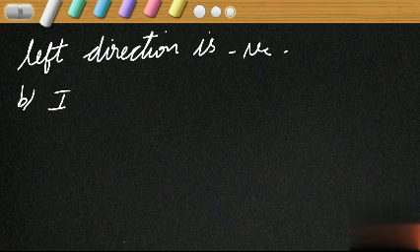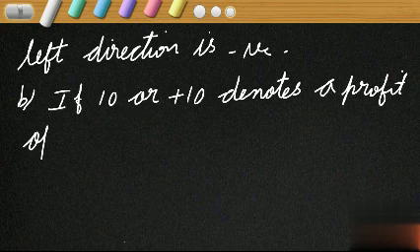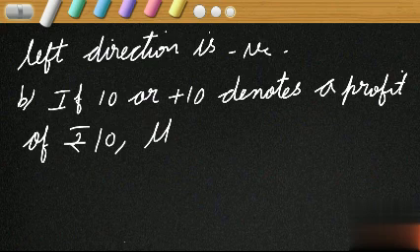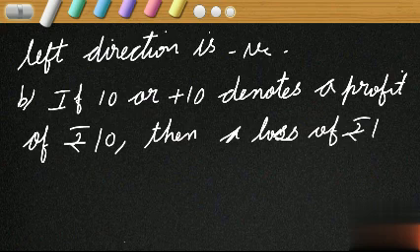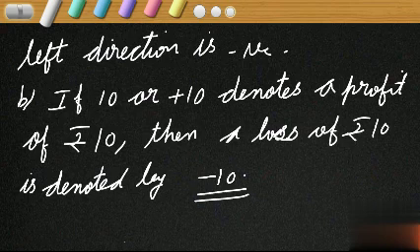If 10 or plus 10 denotes a profit of rupees 10, then a loss of rupees 10 is denoted by what? Yes, minus 10. I think it's clear now.